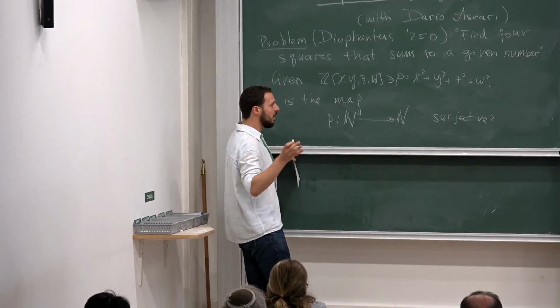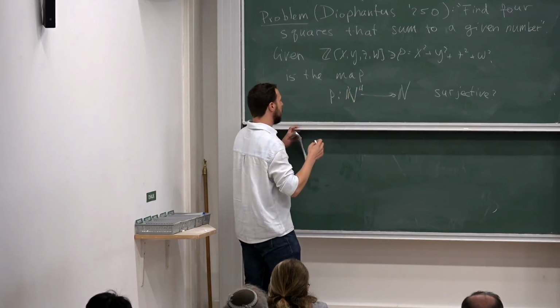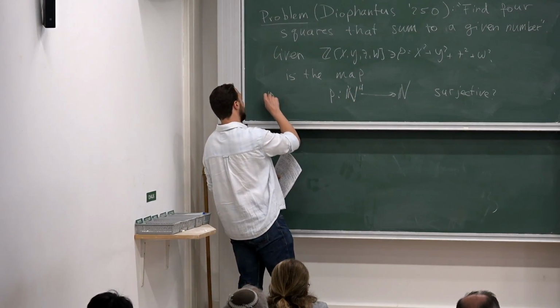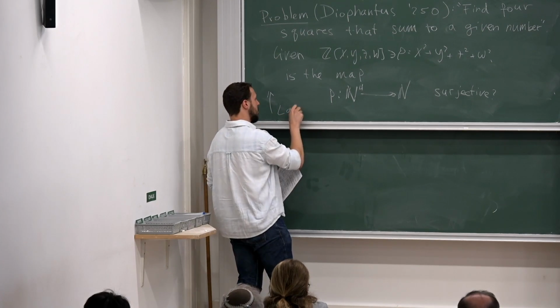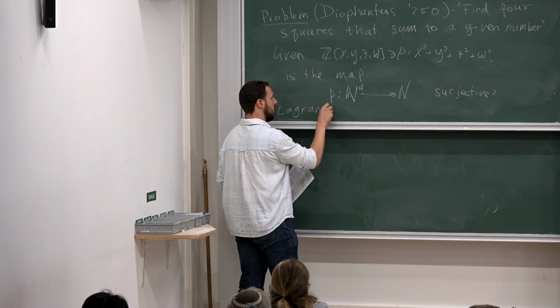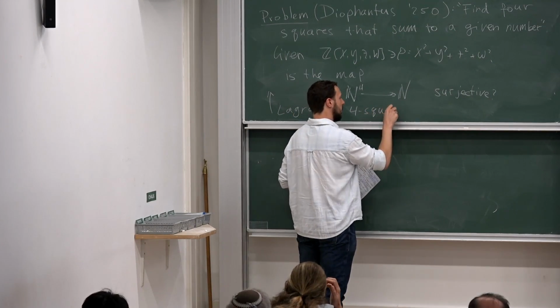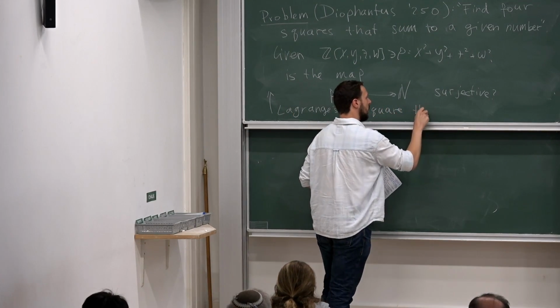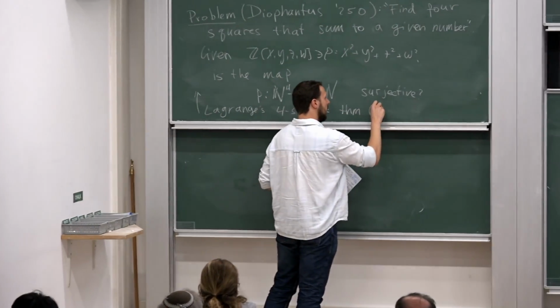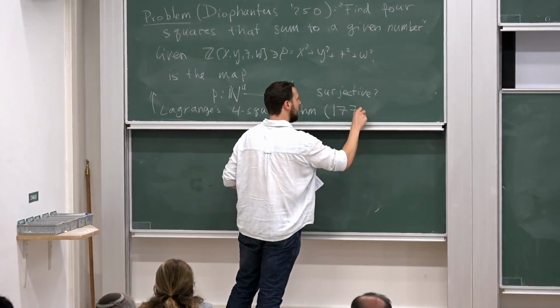I'm sure that probably everyone in the room has heard about this problem, which is more famously known as Lagrange's four square theorem, from 1770.